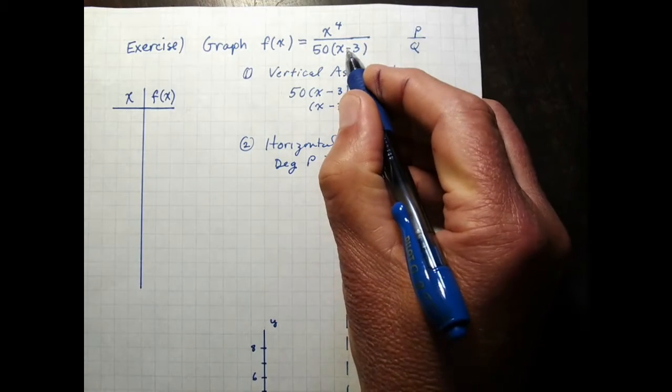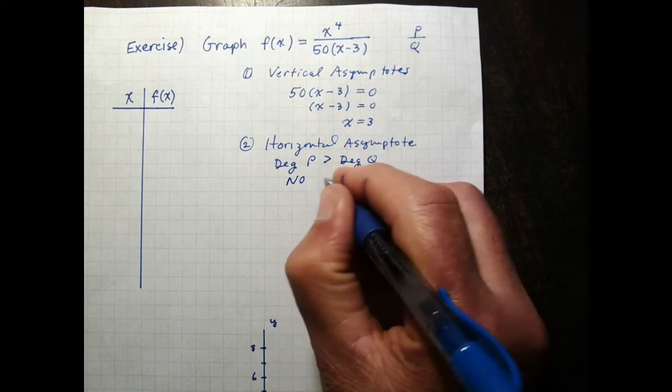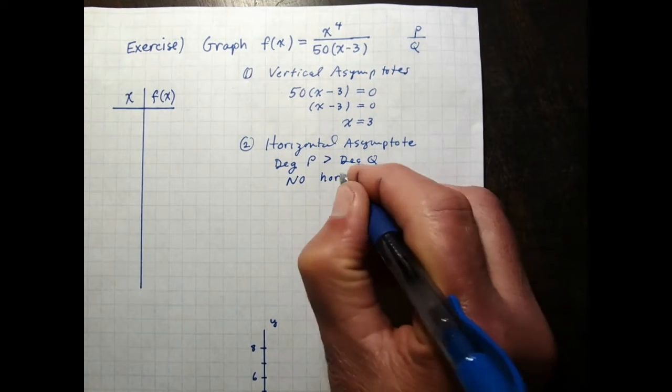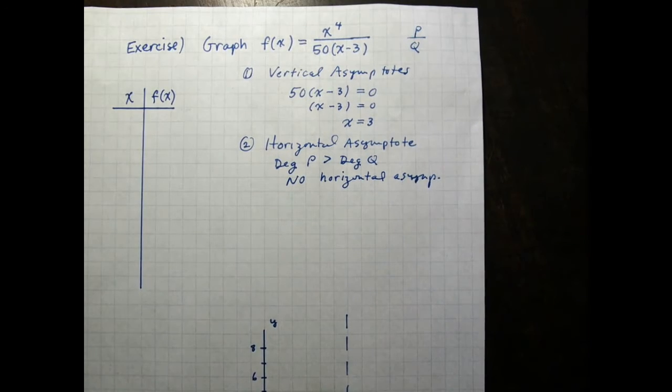The degree of the denominator is just 1, right, x to the first power. So there's no horizontal asymptote. Okay, all right, so we have no horizontal asymptote.